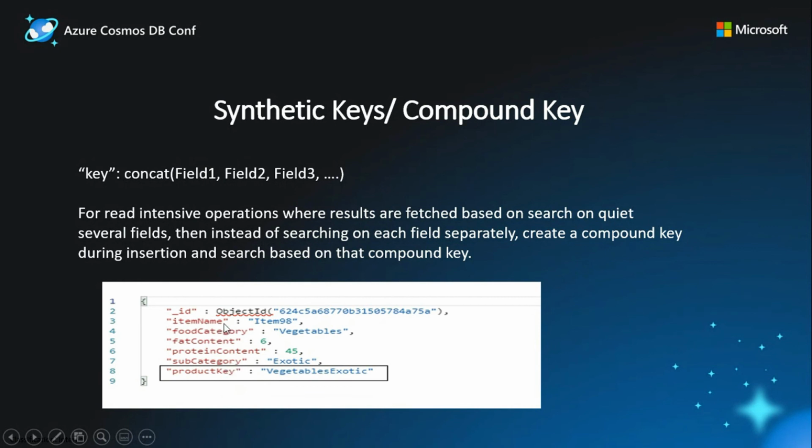While inserting data, we create this concatenated key, and while searching we will not hit where food category is vegetable and subcategory is exotic; we can simply query where product key is this. This synthetic key also improves the performance, and we don't even have to create a partition key if our data size is not that huge.